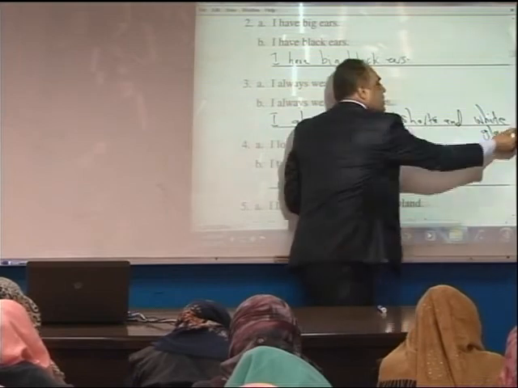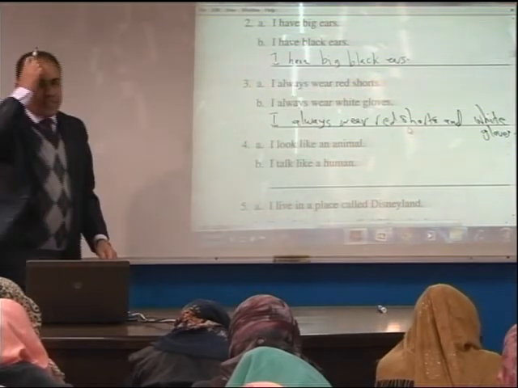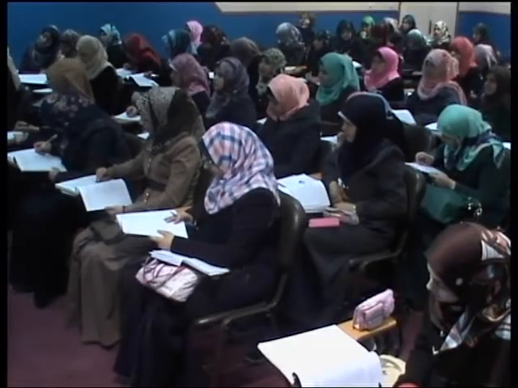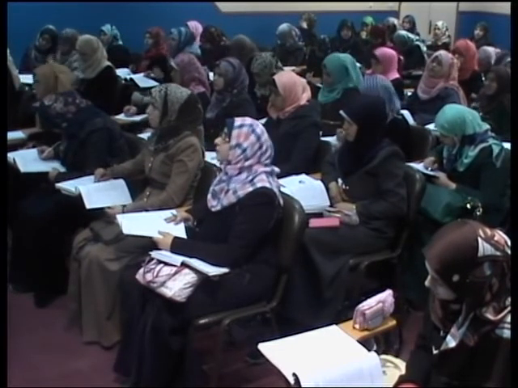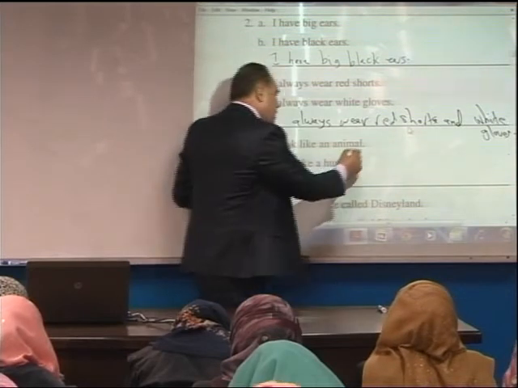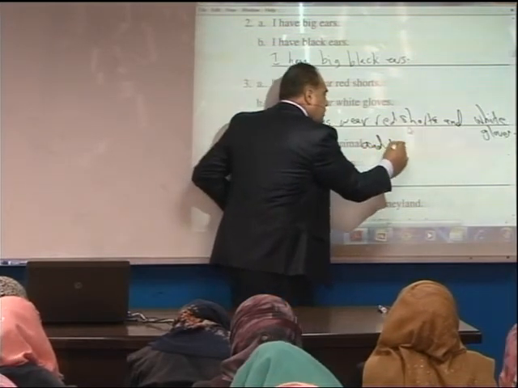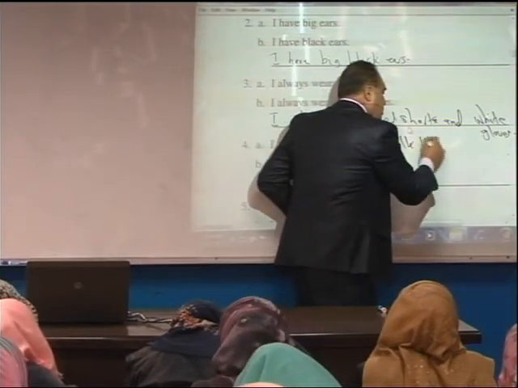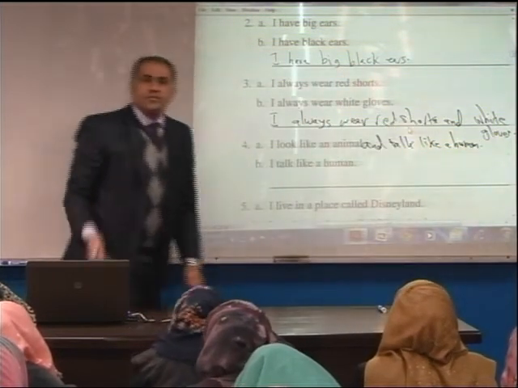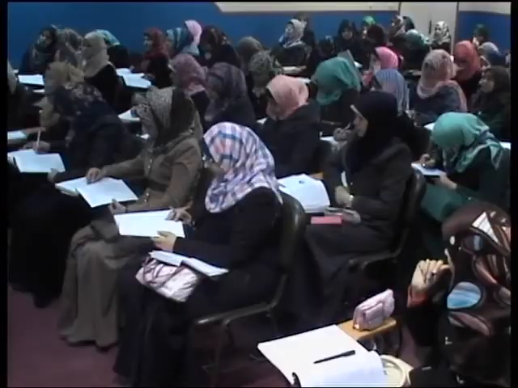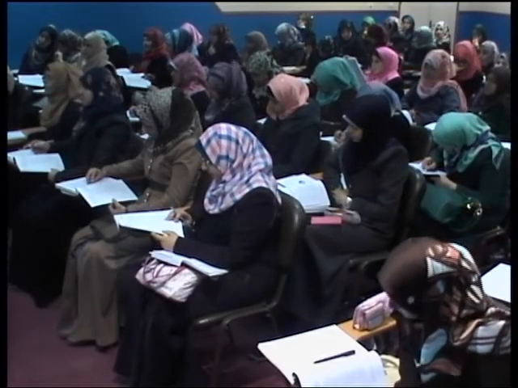All right, the next one. I look like an animal and I talk like a human. Very nice. I look like an animal and talk like a human. All right, the next one. I live and work in a place like Disneyland. Very nice.